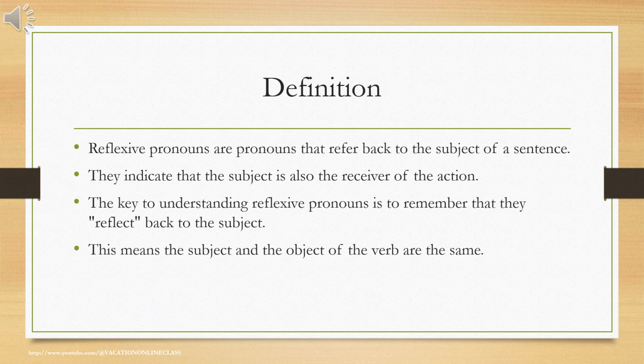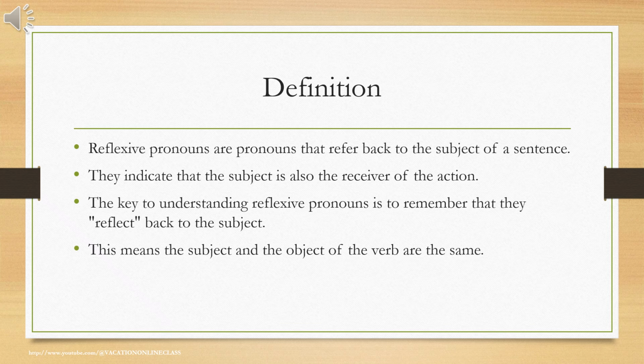In the video that we watched, we saw that the person looking into the mirror was the same person in the mirror. So reflexive pronouns are pronouns that refer back to the subject of a sentence.